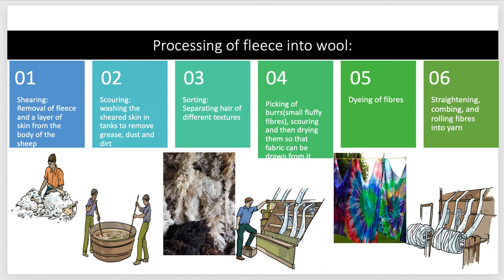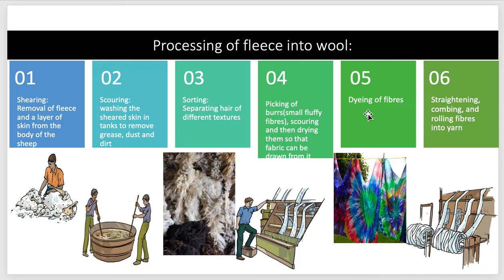Then the fifth step is dyeing. Dyeing does not mean killing the fabric, it means coloring it, dipping it in beautiful colors like you can see over here. So why is dyeing done? Because not all people like black, brown and white colors, because those are the only colors found in different types of sheep.